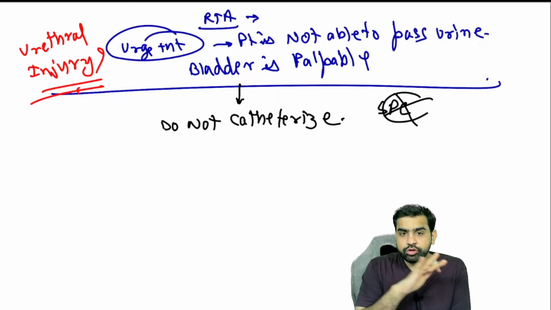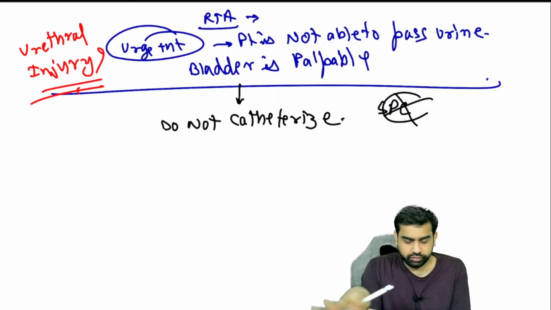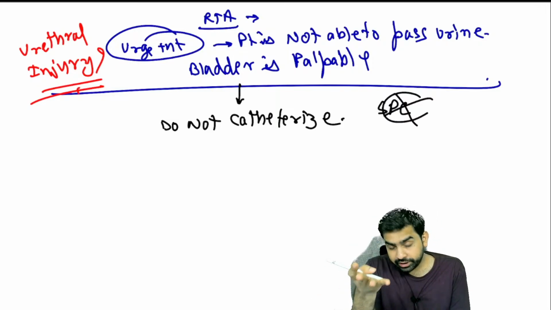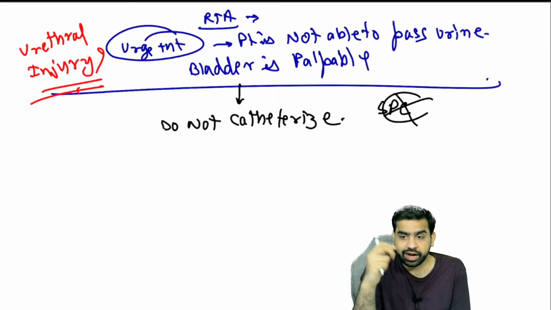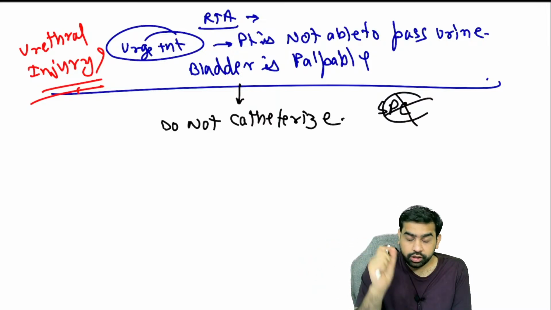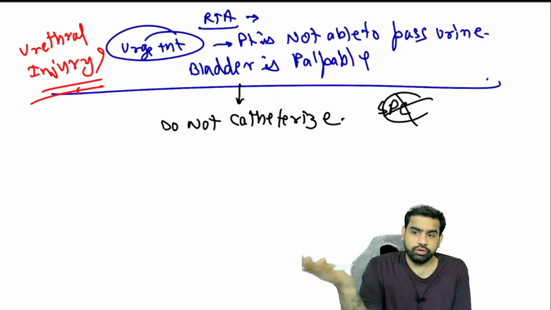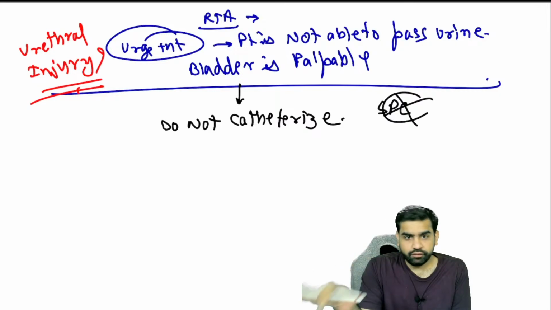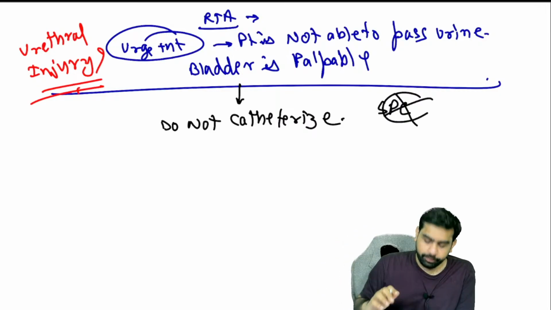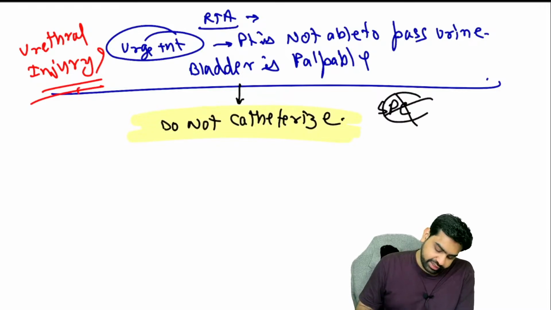That is why it is not preferred, at least at your level. The EAU guideline says a single gentle attempt can be done by the senior most person available in the emergency room. I understand the point, but as far as your MCQs are concerned, do not catheterize.